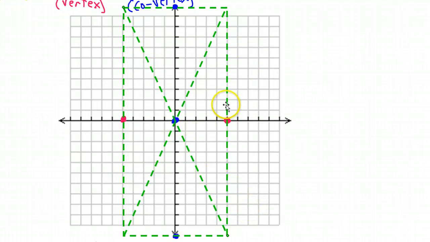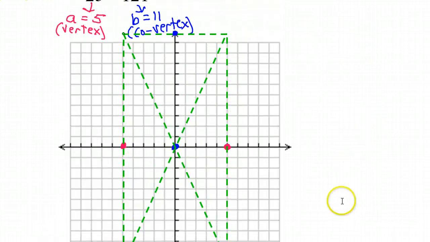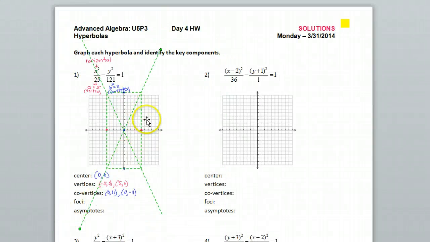Okay, so those diagonals are my asymptotes. I might have to make them longer. I felt like I needed to stretch those asymptotes out because I'm really going to need to see where these branches go. And if the asymptotes don't reach out, there will be no curving. So this is going to be pretty big. Deal with it.